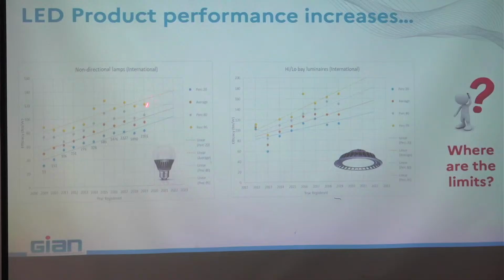The yellow line is the best 5% of the products, and the line here, this one, should be beyond that line. You have 80% of the products. And the question is, okay, it increases everywhere. Where are the limits?